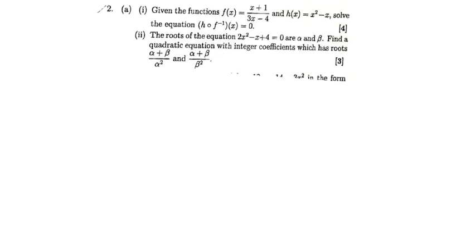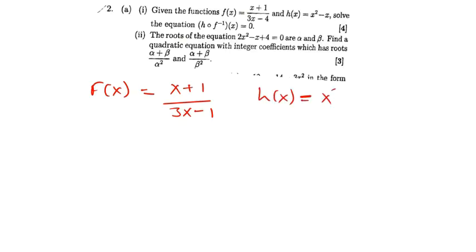Given the functions f of x, for the first one, don't mind the way the questions are. So f of x is equal to x plus 1 over 3x minus 1, and then h of x is equal to x squared minus x.